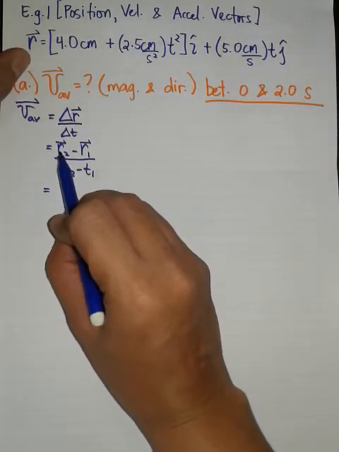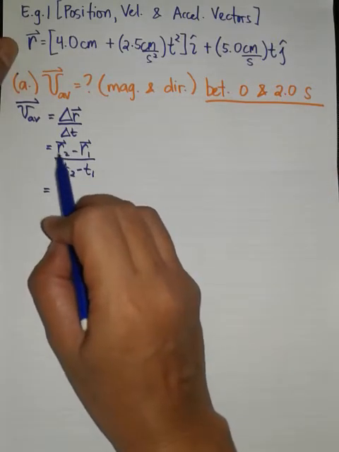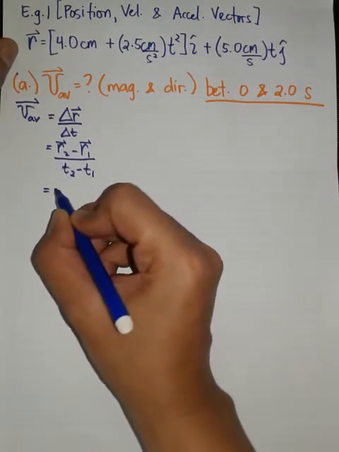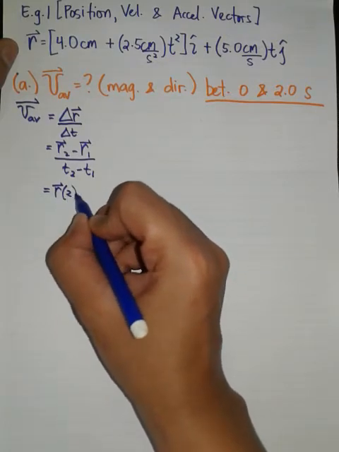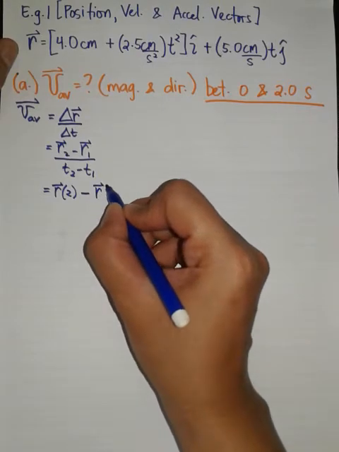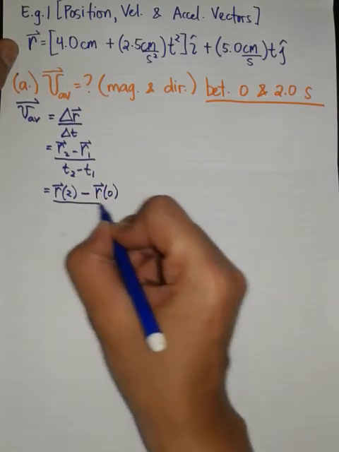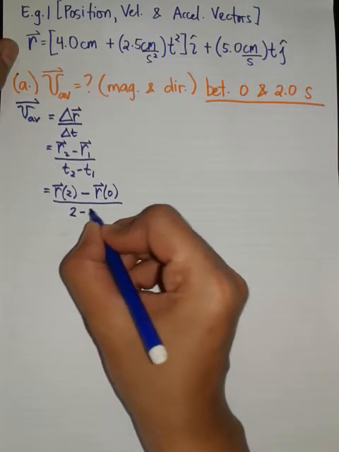Since the final time is 2, the final position r here is the position vector when time is 2. And then the initial position here is r when time is 0. And of course, the change in time will be 2 seconds minus 0.